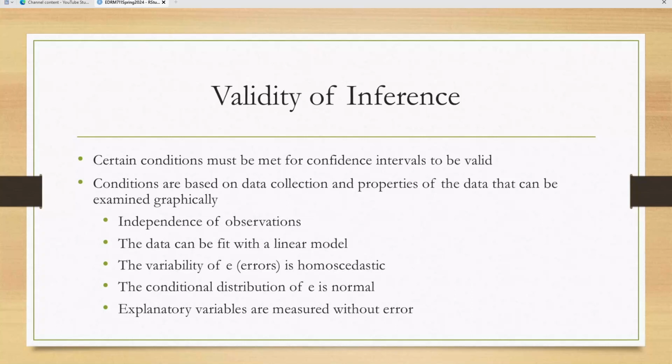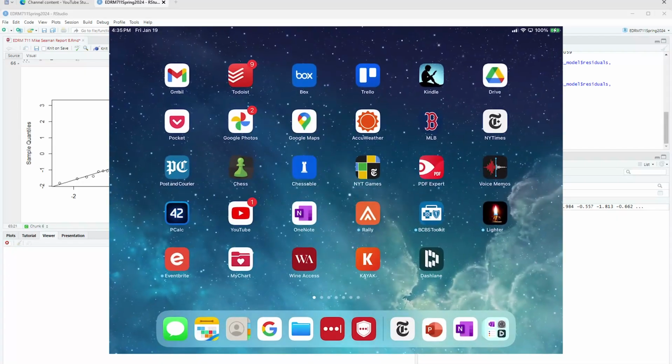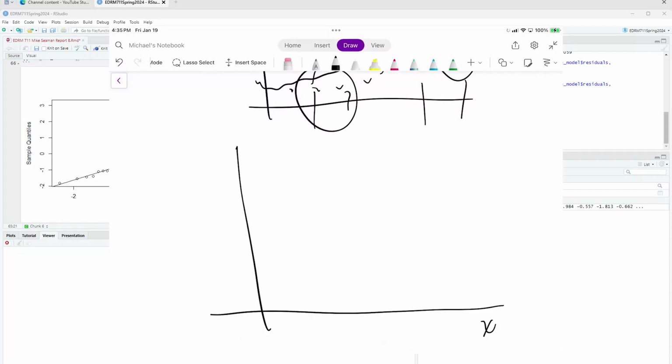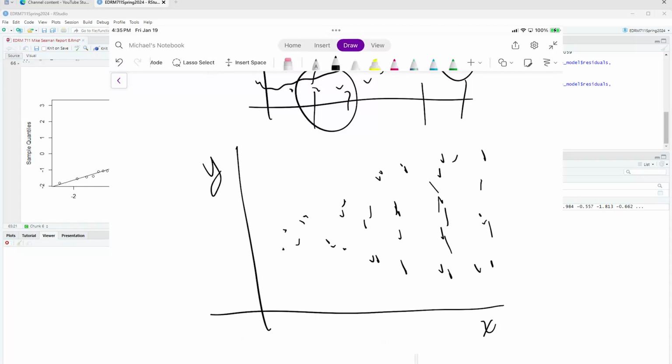What about the variability of errors being homoscedastic? Why is that important? Well, let's think again about what it would mean if we had heteroscedastic data, something like this. What you're doing with those data is trying to estimate the standard error of a coefficient.